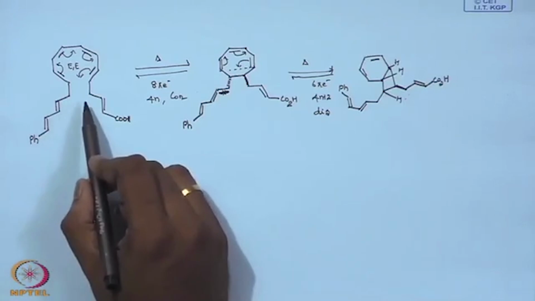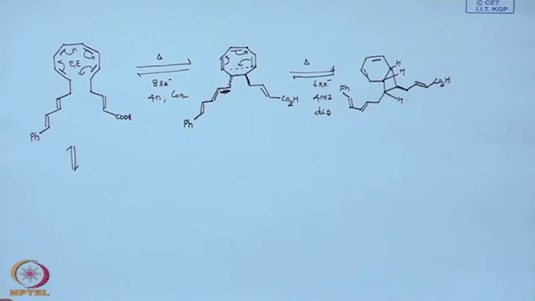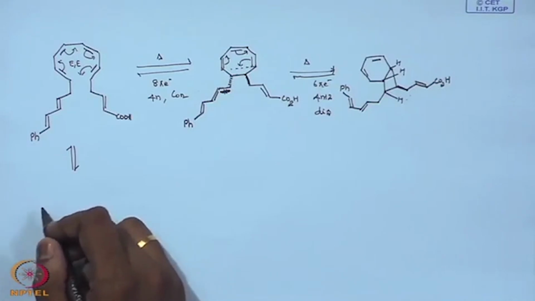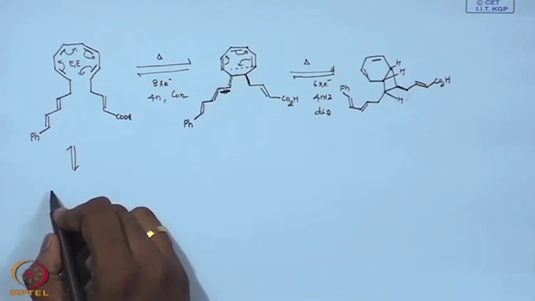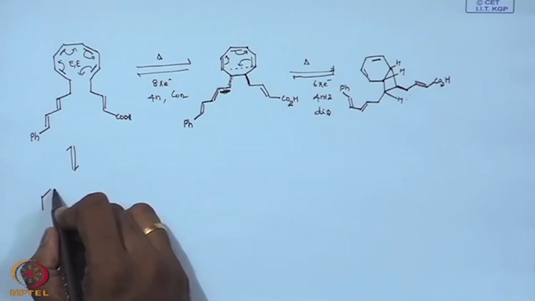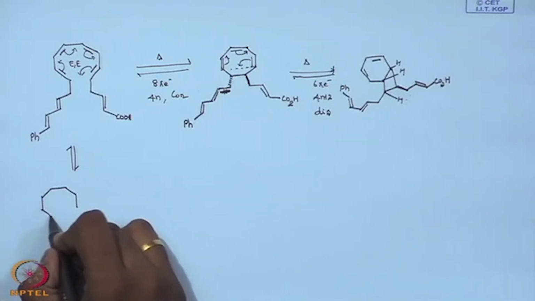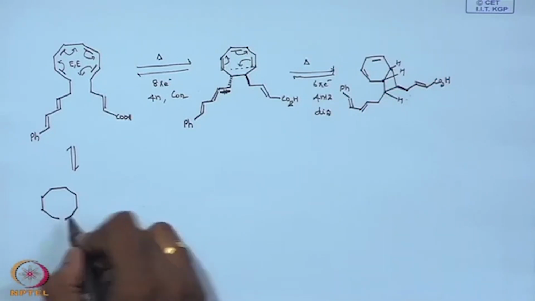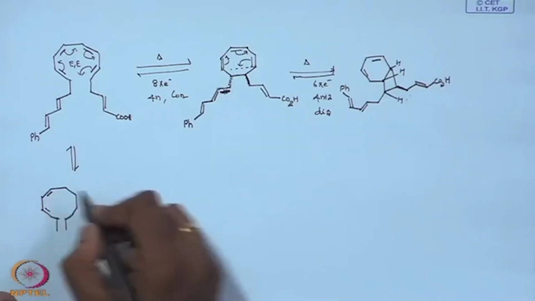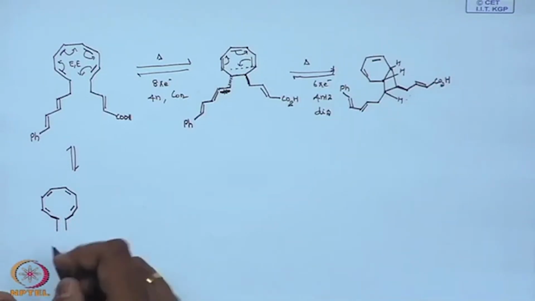Same way I can say that for this E, can I write the ZZ form? Yes, because I have shown you in the earlier class, you can easily draw the ZZ for this. So, you get this one. So, you have a double bond, you get this one.